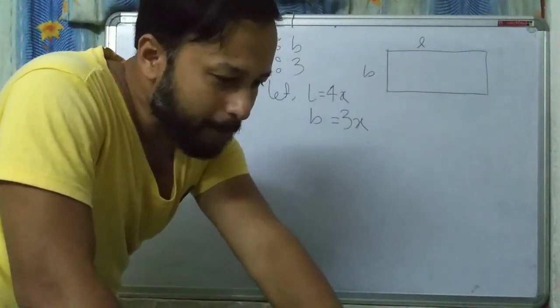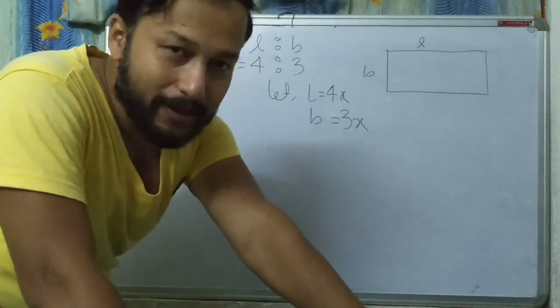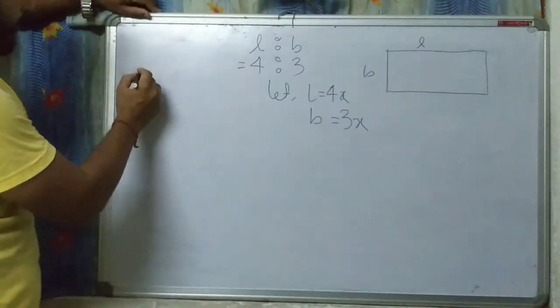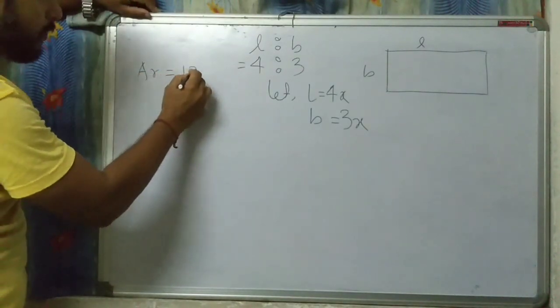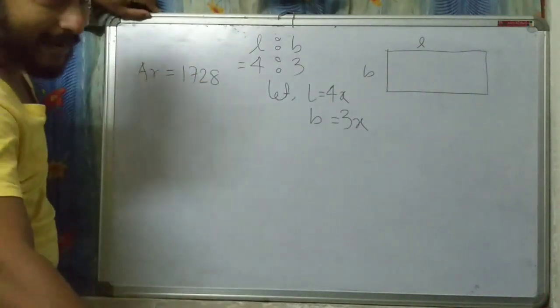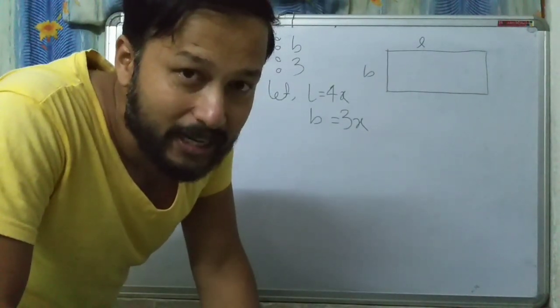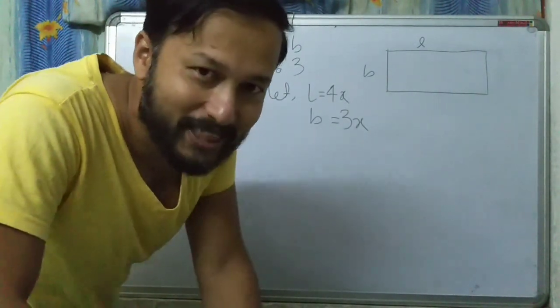What is given? The area of the plot is 1728 meter square. What is the formula of area of a rectangle? Yes, length into breadth.